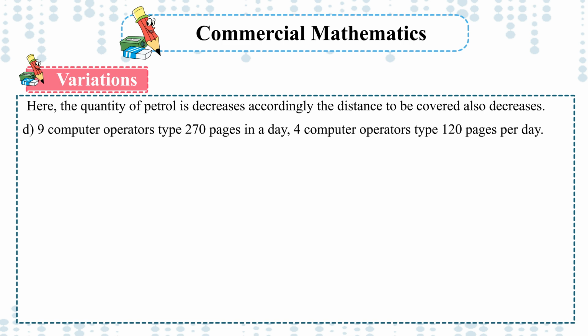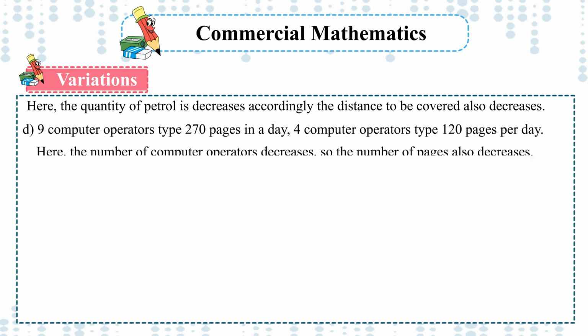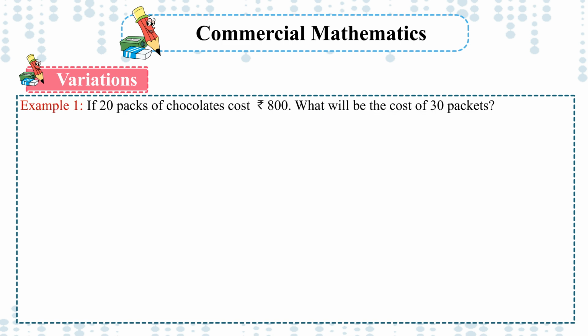D. 9 computer operators type 70 pages in a day. 4 computer operators type 120 pages per day. Here, the number of computer operators decreases, so the number of pages also decreases.